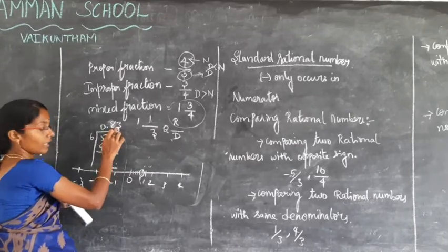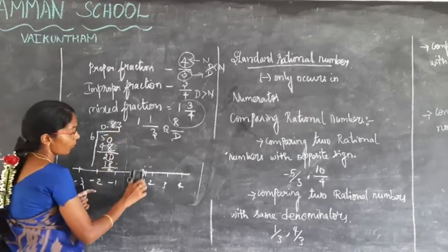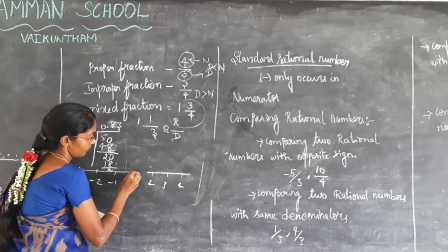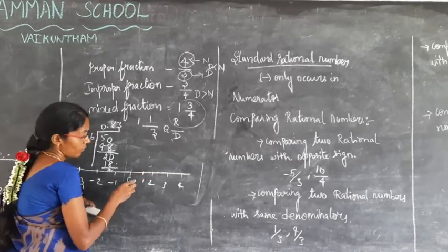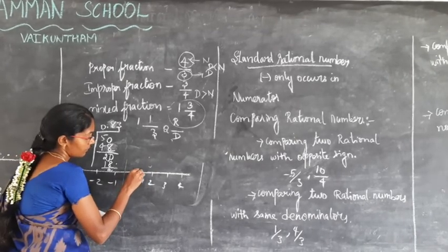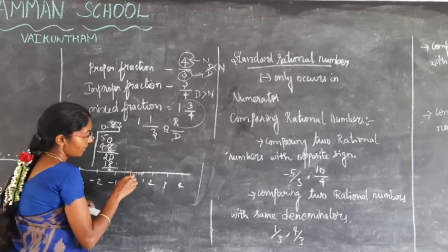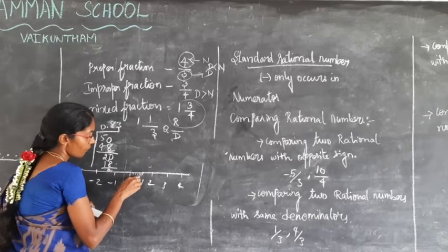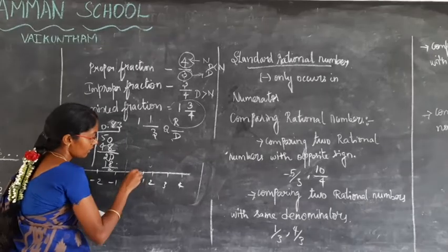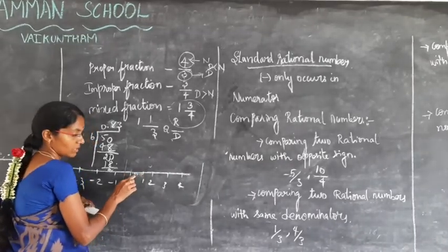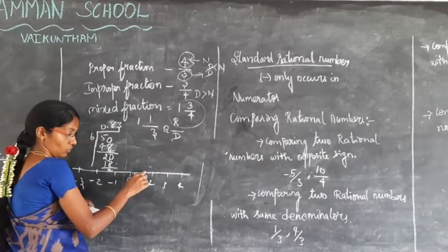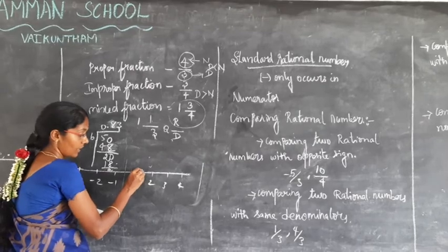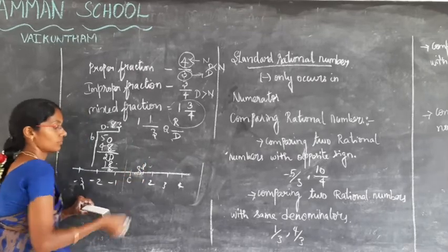So 0.83. So where will the 0.83 occur? So this is 1. So 0.1, 2, 3, 4, 5, 6, 7. So there will be 10 parts. That will be 9 parts, right? So this is the 10th part. So it occurs on the 8th part, 0.8.